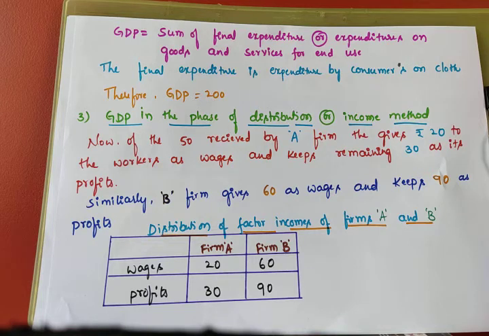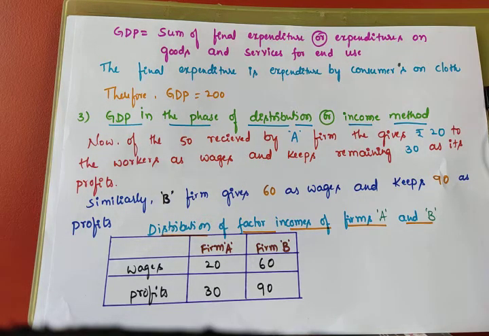So the GDP, gross domestic product, is 200, because under the expenditure method we calculate only the final expenditure done by each firm to produce goods and services. Okay, this is the expenditure method.